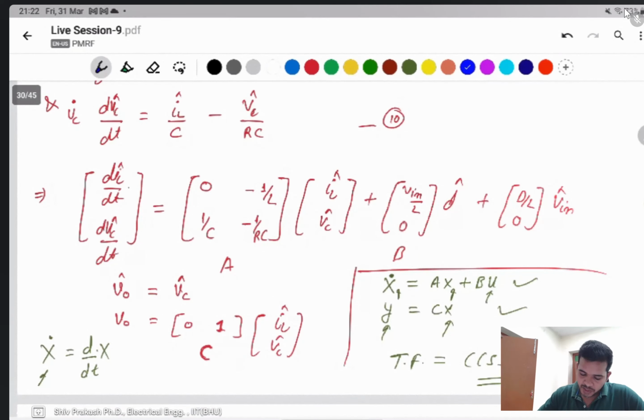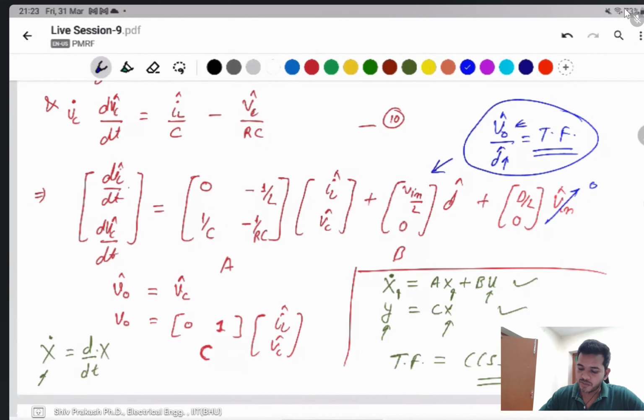For a single input, single output system, the variation of the input voltage should be 0. It means you take the input voltage as constant.